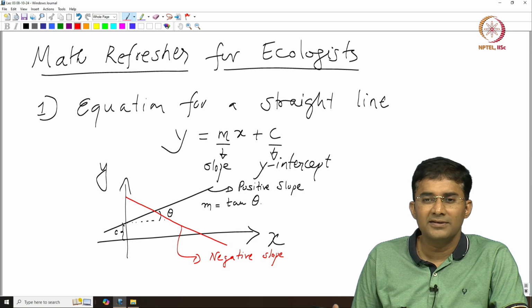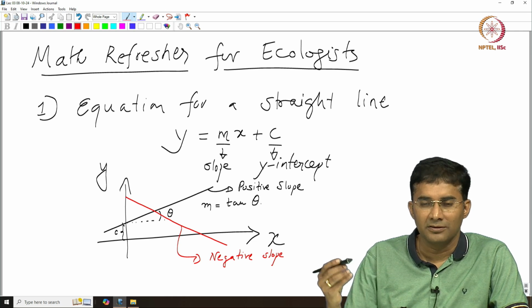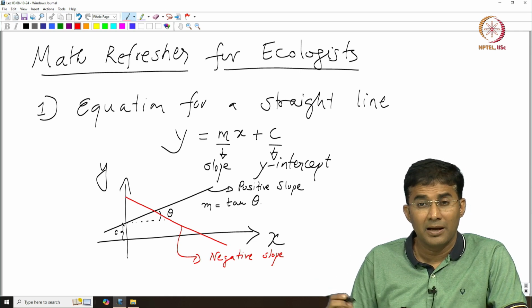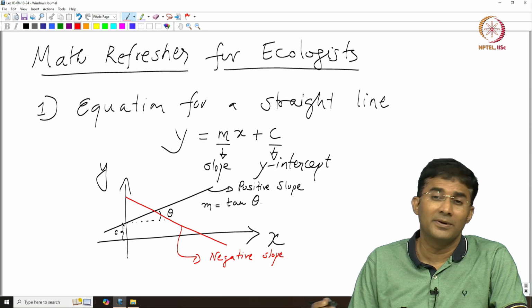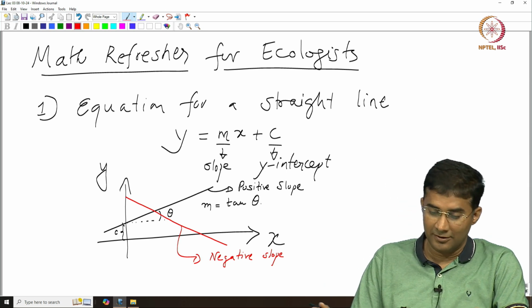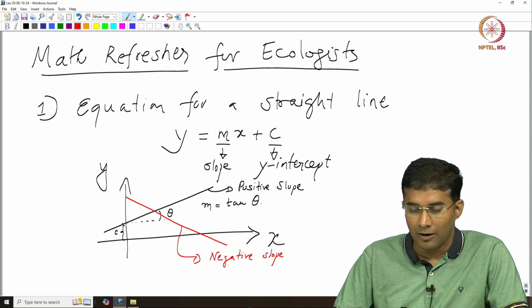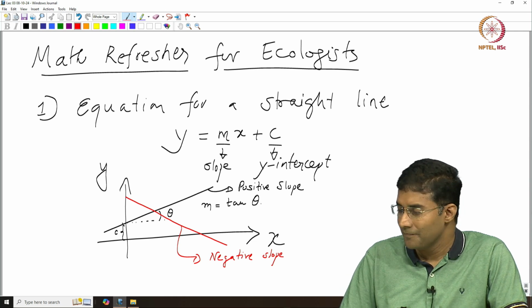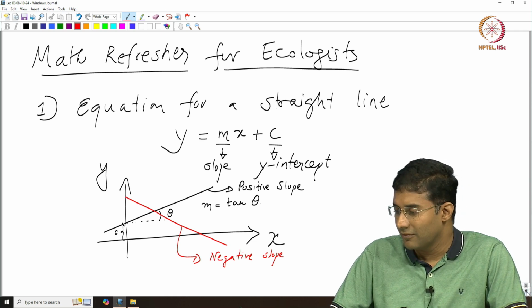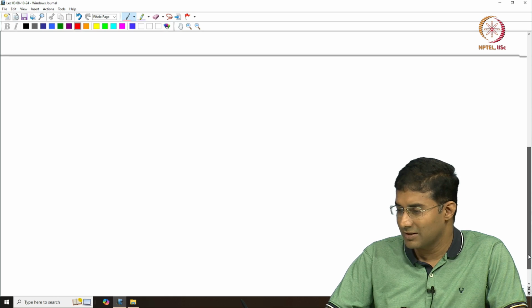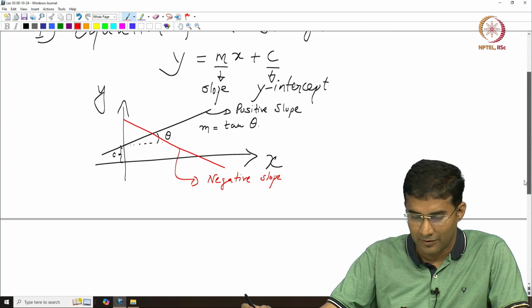Positive slope means that you are sort of climbing up a mountain, whereas a negative slope would mean you are climbing down a hill. Okay. So that is the intuitive way to think about this. Now let us try to see this in the context of populations that we keep studying. Okay.